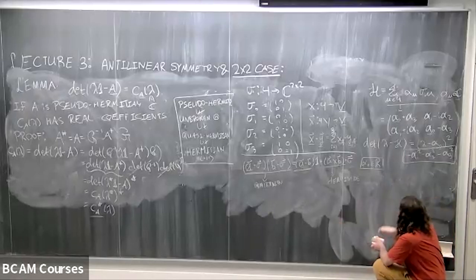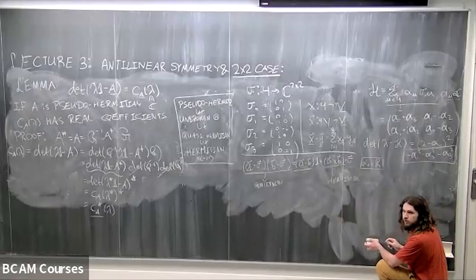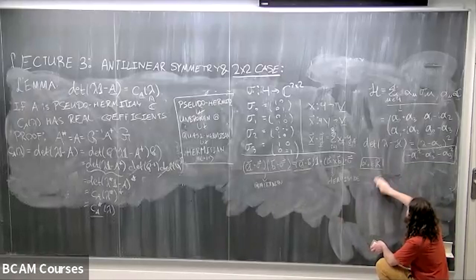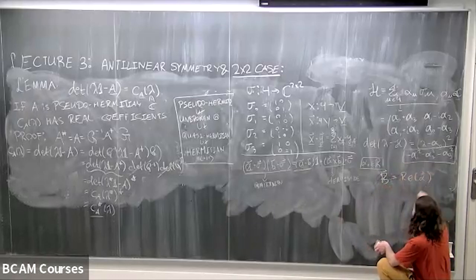And so for reasons that have nothing to do with electromagnetism, I'm going to define this vector B to be the real part of the vector alpha, and then this electric field E to be the imaginary part of alpha.